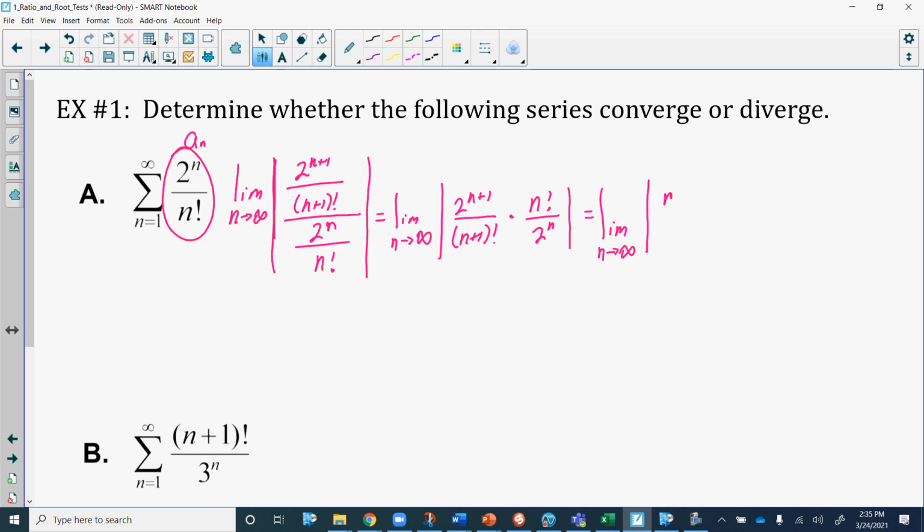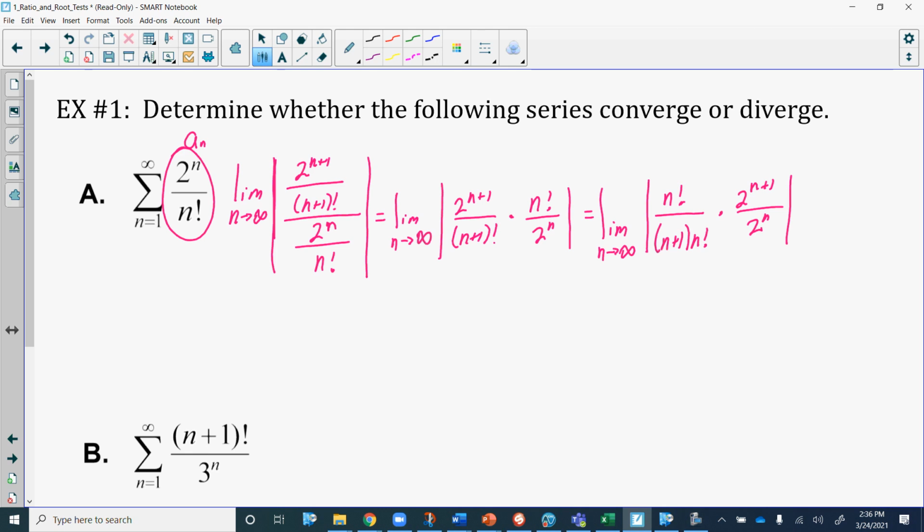I'm going to have n factorial in the numerator, and in the denominator, the n plus 1 factorial can be rewritten as n plus 1 times n factorial. And now we'll put the exponential expressions with the base of 2. Some people are going to do different things. I'm going to just leave it as 2 to the n plus 1 over 2 to the n power.